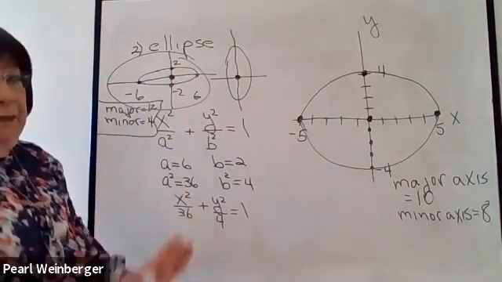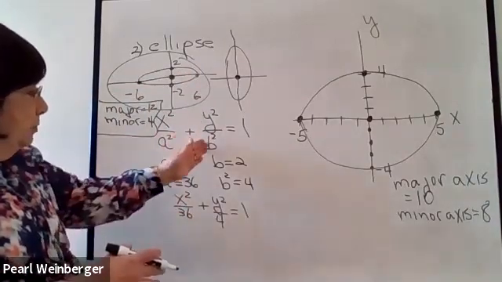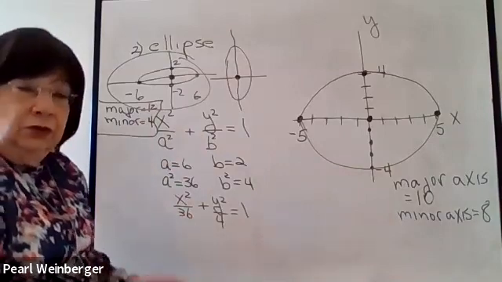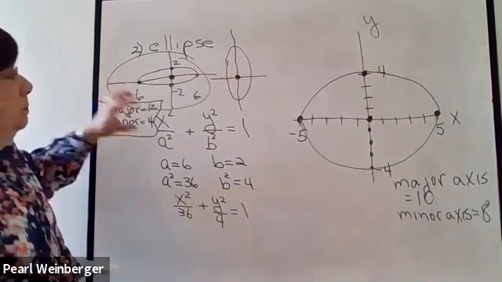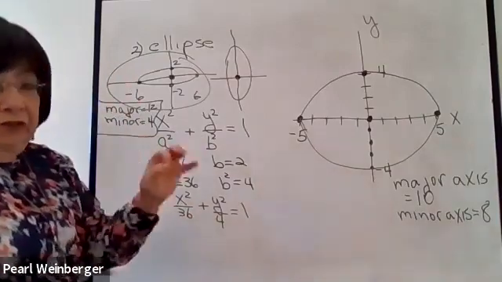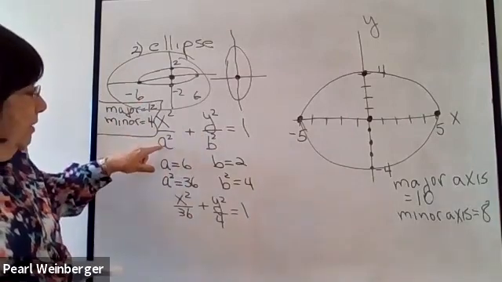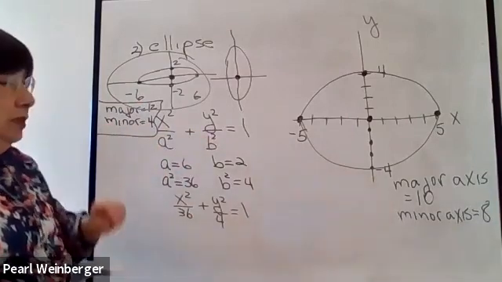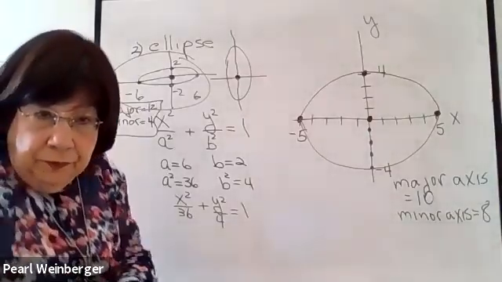A and B cannot be the same number. If they're both the same number, then what we'd have is a circle and not an ellipse. So the big thing that makes an ellipse equation different than the equation of a circle is the fact that we have these two different numbers, A squared and B squared.